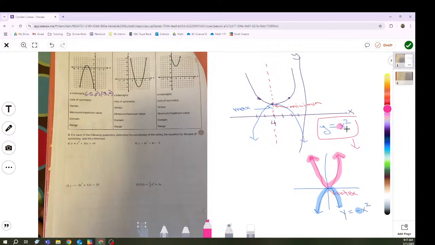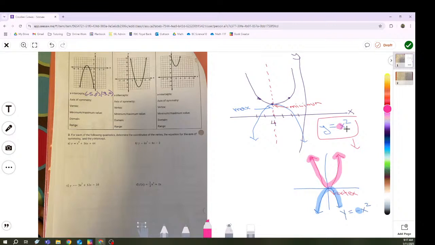But the one thing that remains the same is the axis of symmetry is what splits it right down the middle. So for y equals x squared or y equals negative x squared, our axis of symmetry is at x equals 0, because it's starting at 0.